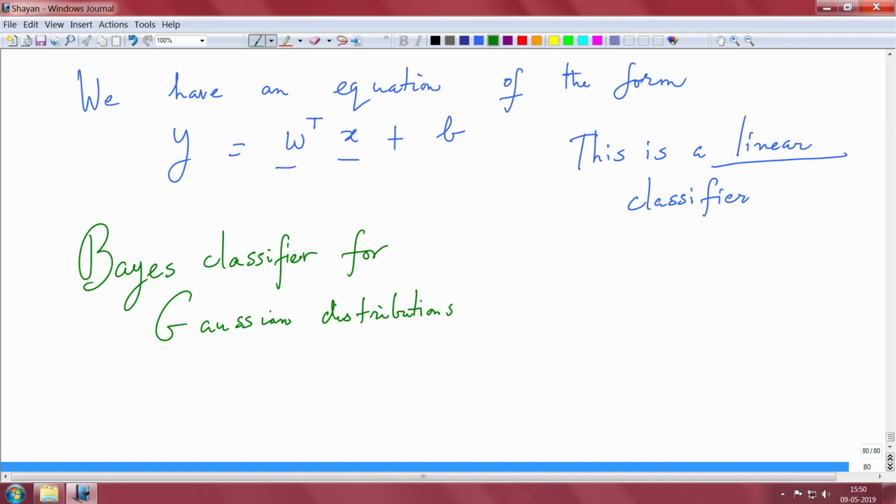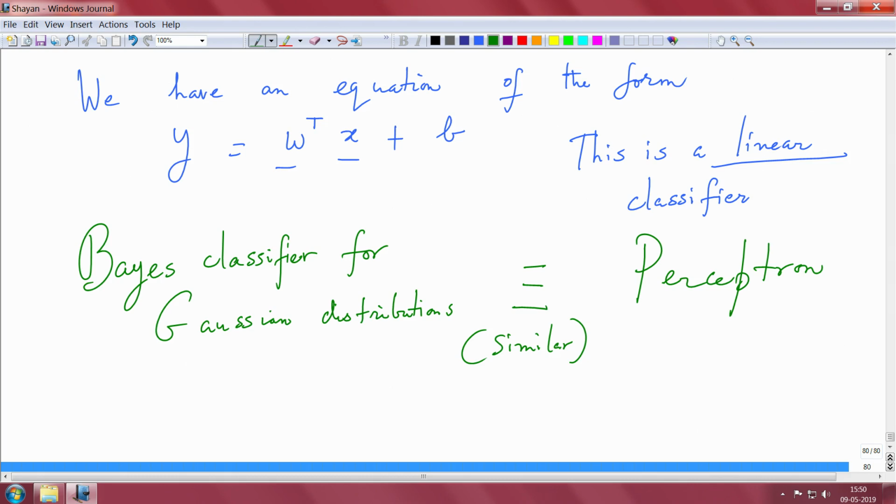So, in this case the Bayes classifier for Gaussian distributions is similar to the perceptron, because we can derive a hyperplane that can classify these points.